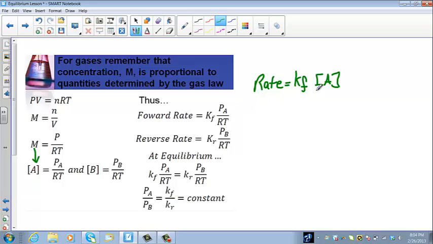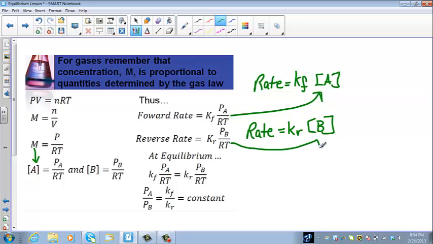I substituted in PA over RT. And then my other equation was rate equals Kr times the concentration of species B, and all I did was substitute this in for the concentration of B.